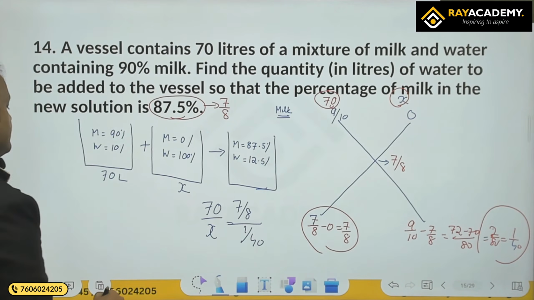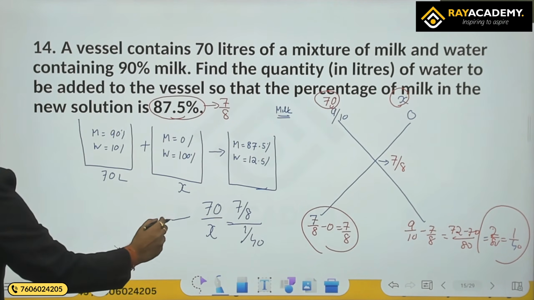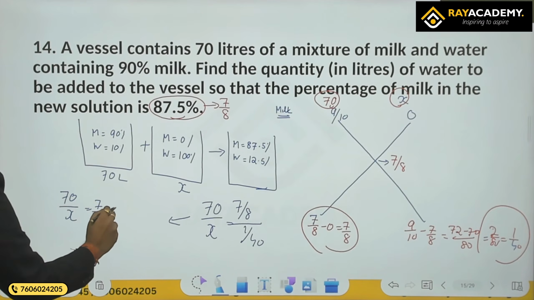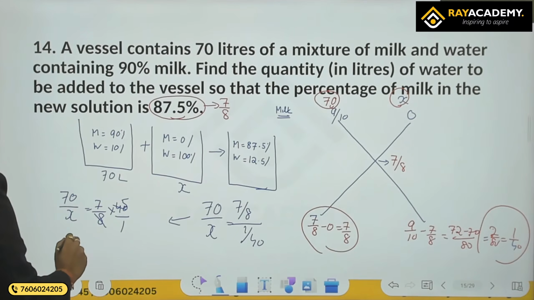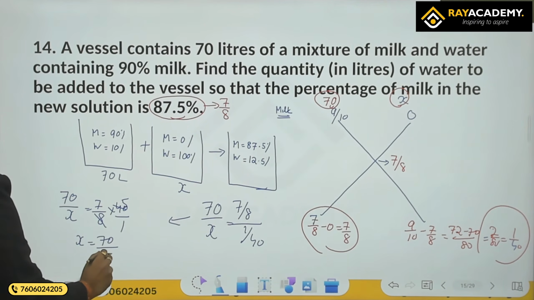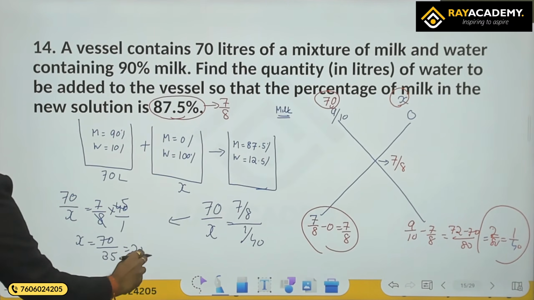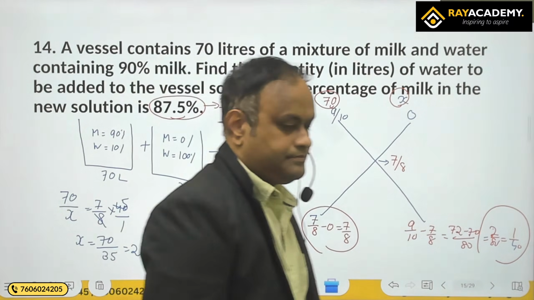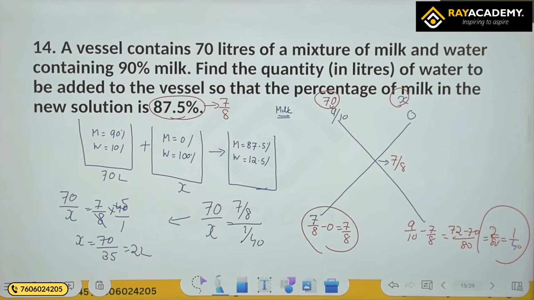This much calculation only you have to do. 70 by x equals 7/8 multiplied with 40/1, so 35. So x equals 70 by 35, so it is 2 liters.